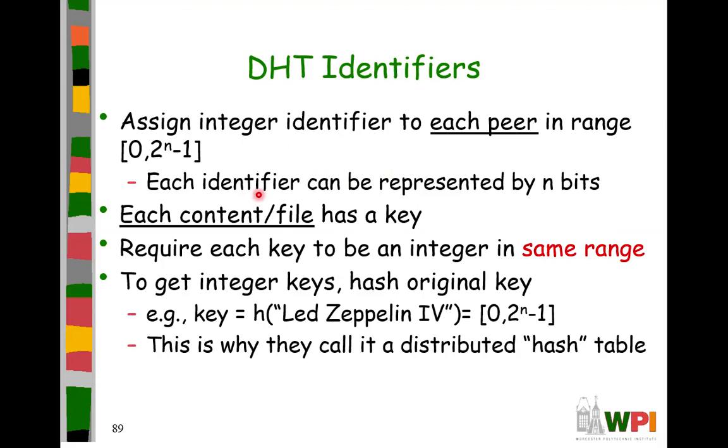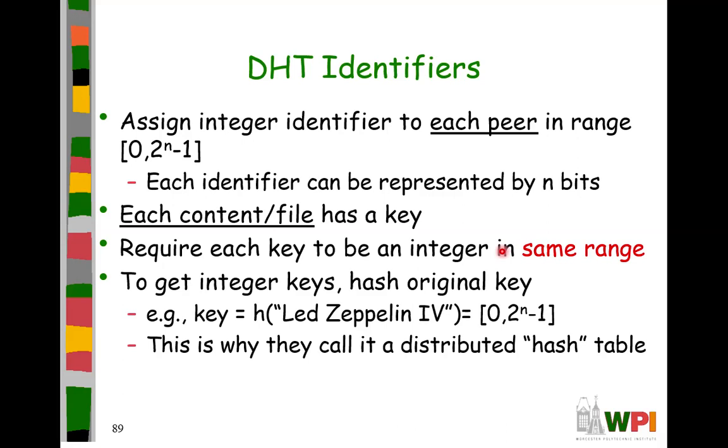Similarly, each file that you share also has a key, and that key is in the same range. That means the identifier of each peer and the identifier of each file are in the same range.